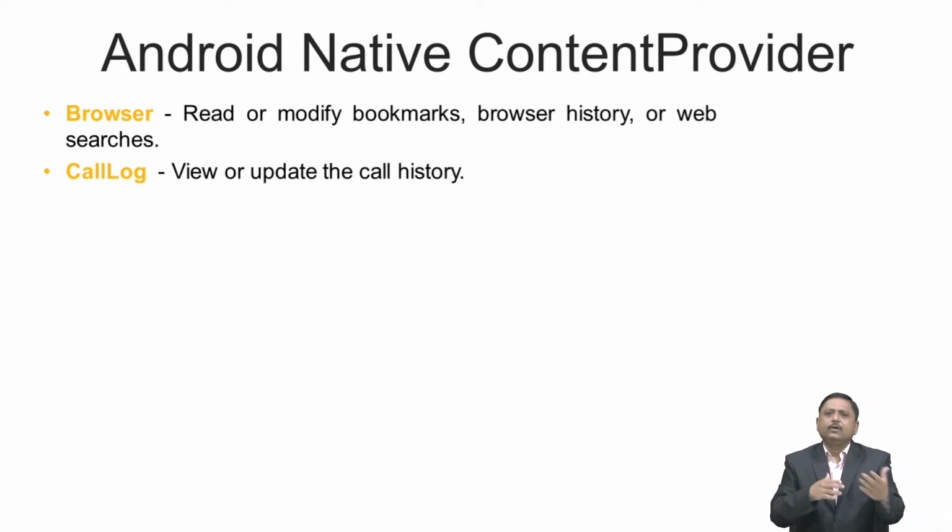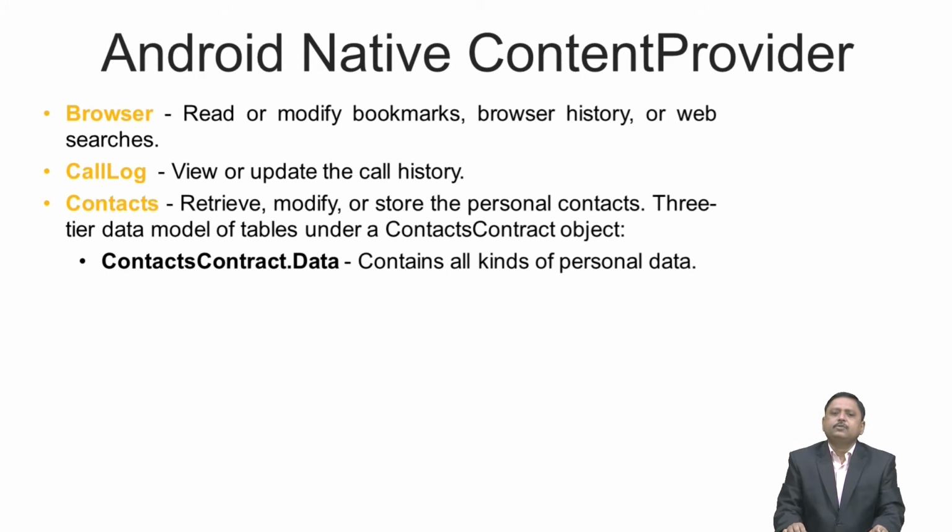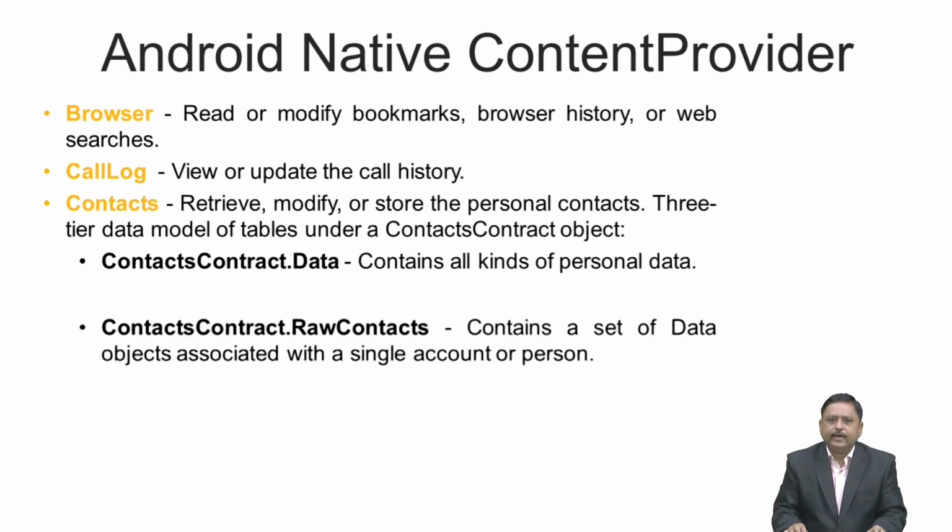Then there is a call log, which is used to view or update the call history. Then there are contacts. Contacts are very sensitive and important information. So, with the help of contacts you can retrieve, modify or store the personal contacts, and there is a 3-tier model for the contract object. The first is ContactsContract.Data, which contains all kinds of personal data.